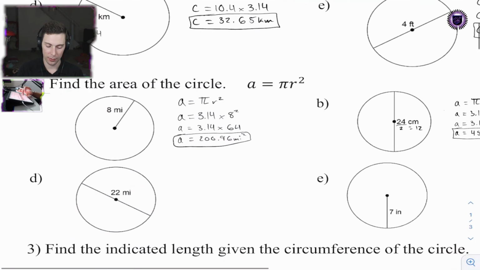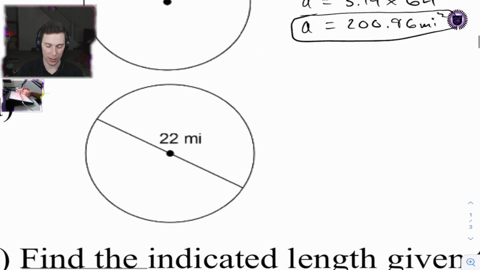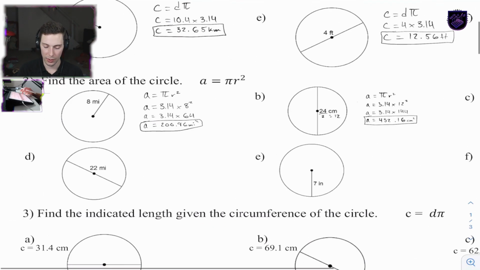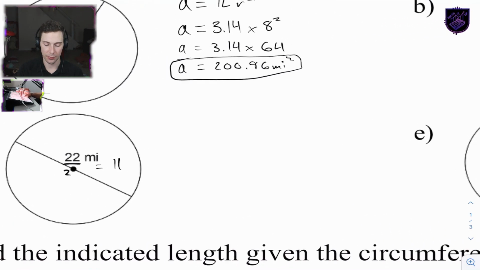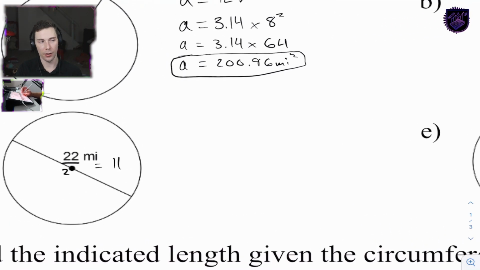2D, 22. We're going to divide that by 2, and that becomes 11 as our radius. We are given the diameter, but we don't want the diameter, we want the radius. So our formula will be area is equal to pi times r squared.